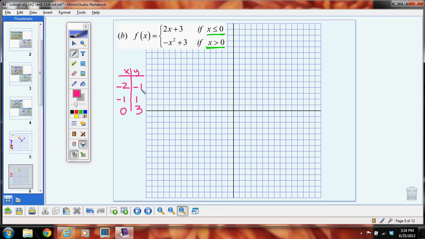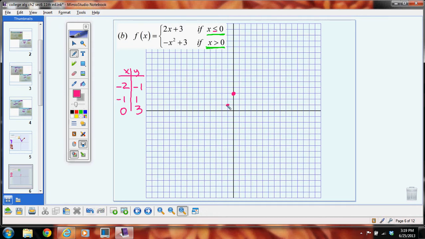So I have my points for my graph. When x is 0, y is 3, and I do need a closed dot there because of this equal to here. When x is -1, y is 1.